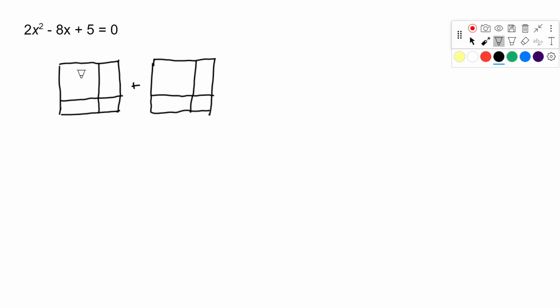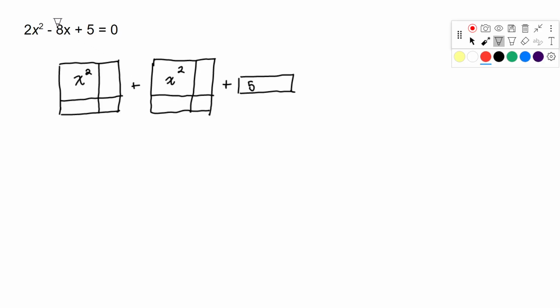So each square is going to have an x squared in it. The units of 5, again, are going to go in its own special rectangle outside. The 8x has to be split over 1, 2, 3, 4 spaces.